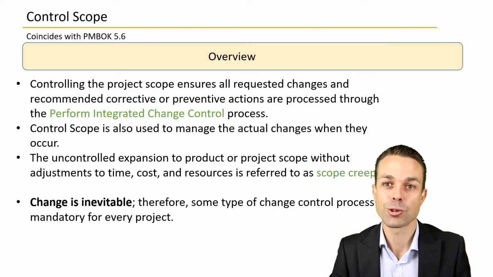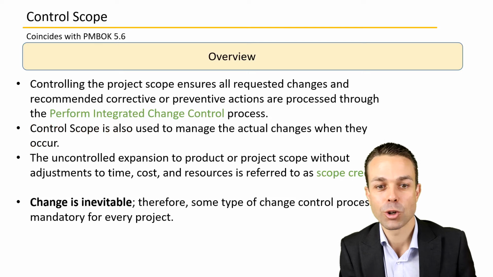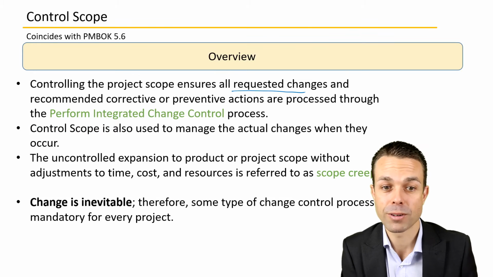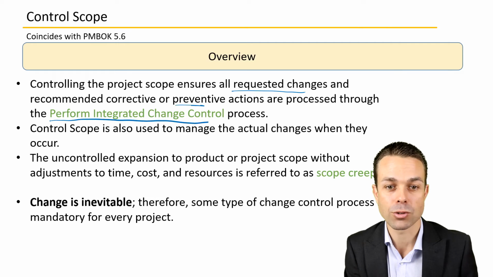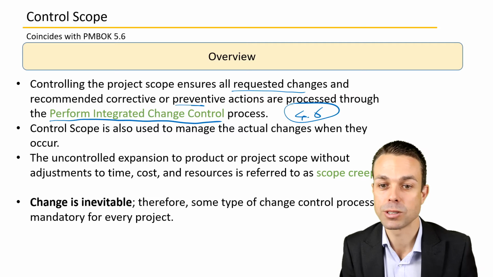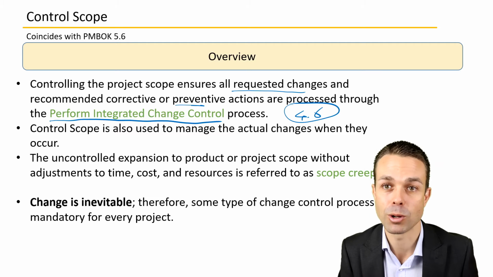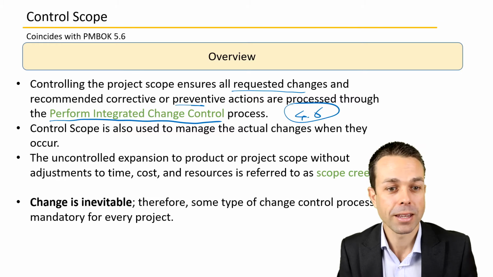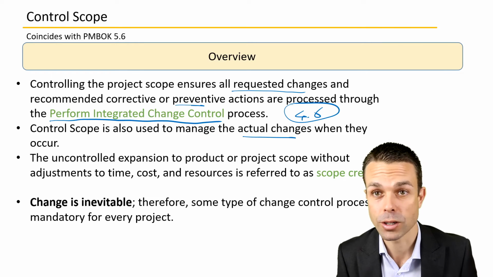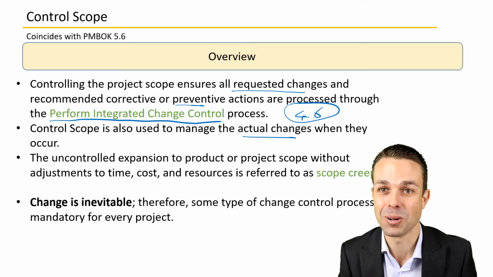An overview for controlling our scope. Controlling the project scope ensures that all requested changes and recommended corrective or preventative actions are processed through the Perform Integrated Change Control process, which is 4.6 in project integration management for our project management body of knowledge. The control scope is also used to manage actual changes when they do occur, and often they will occur.